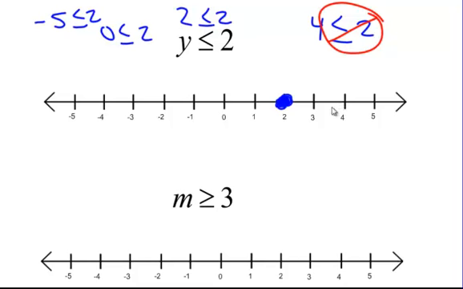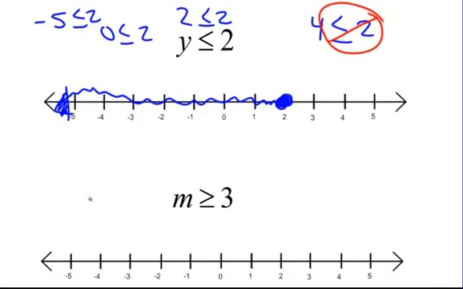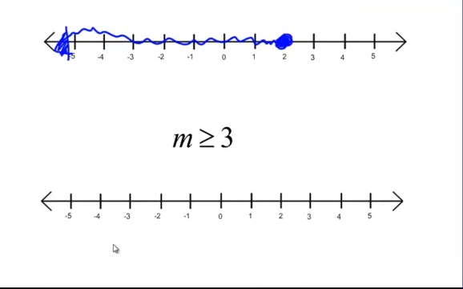So since 4 can't be it, anything less than 2, which represents y, can be it. So we're going to put our mark this way. And remember, it's a closed circle because it includes 2. So here, with m greater than or equal to 3, we know that the circle has to be on 3, and it's going to be a closed circle.